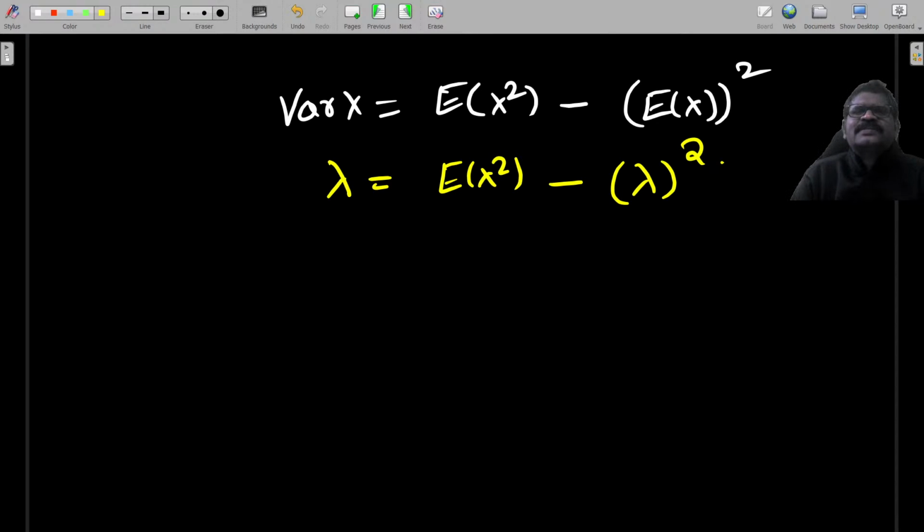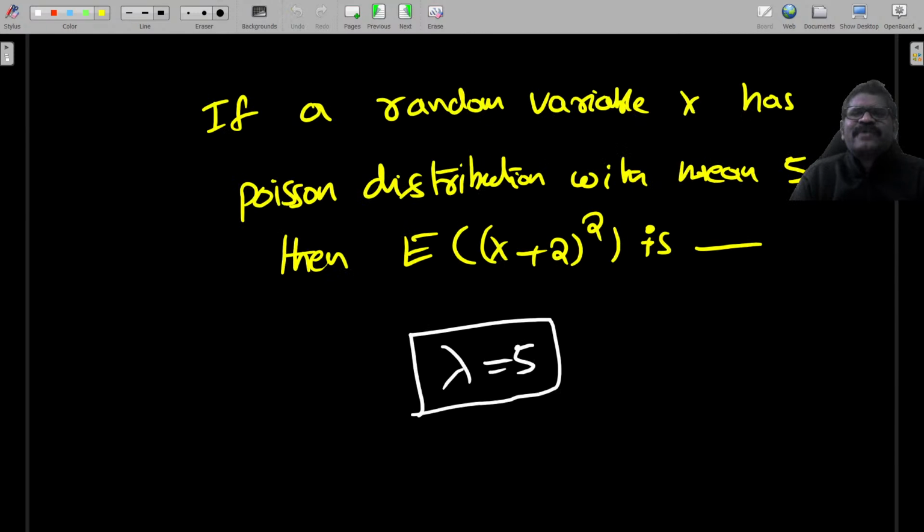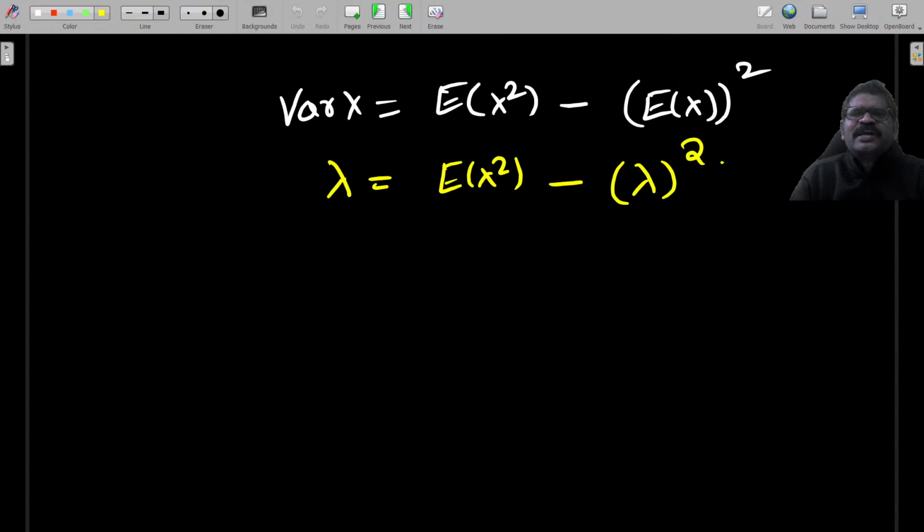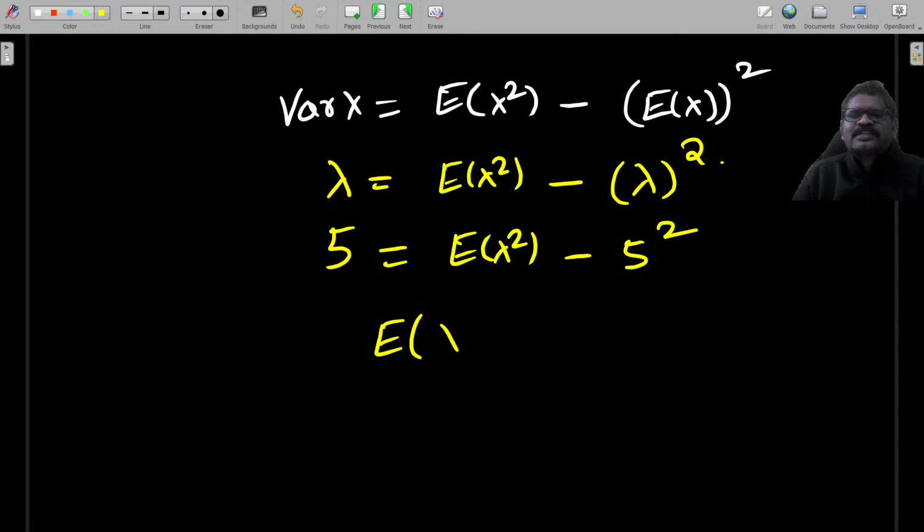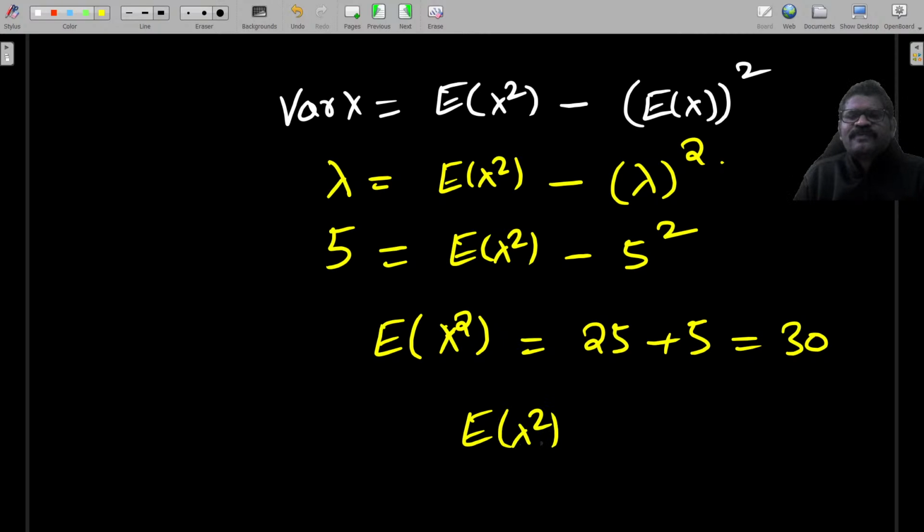Variance of x is 5 here because the mean is 5, and mean and variance are the same. Expectation of x square is unknown; expectation of x square equals 25 plus 5, that is 30. So expectation of x square is 30.